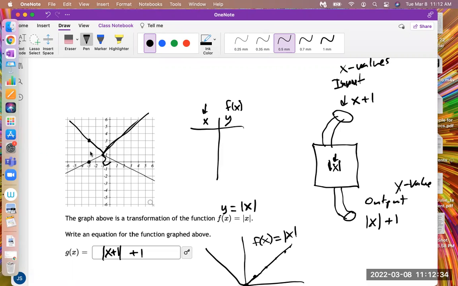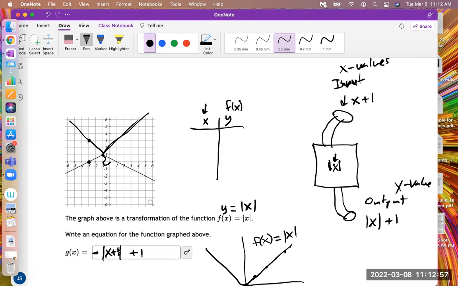So you're actually going to take the outputs and make them negative. So it's going to be a negative absolute value of x plus 1.